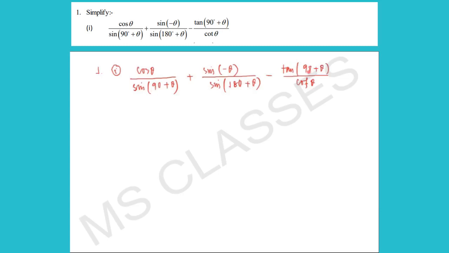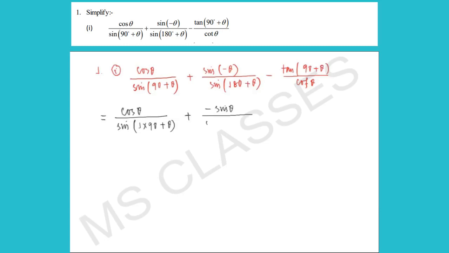So what we are doing, at first we are writing it in this way: cos theta by sine 1 into 90 plus theta. Now we know sine of minus theta is what? Minus sine theta.